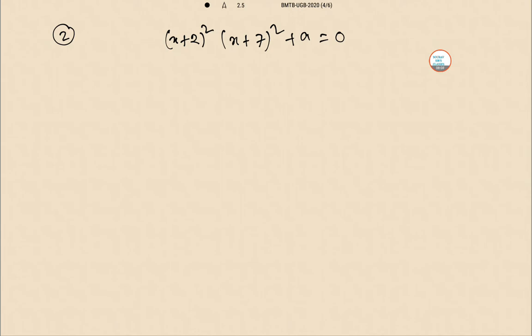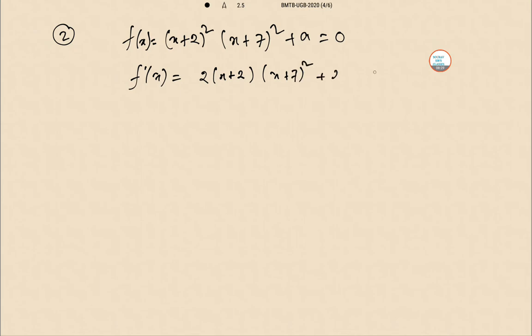Now, if this is f(x), let's try out the first order derivative first, because in these kinds of cases the first order derivative is a prerequisite. You can also put this kind of structure into a graph based software for cross checking, but obviously at the time of examination you don't have that.